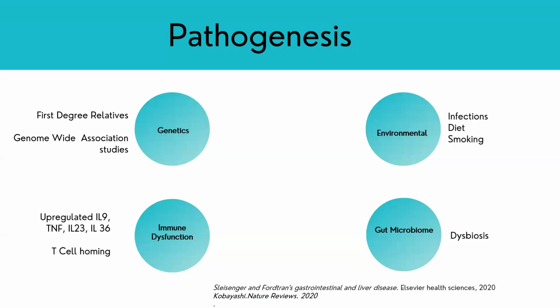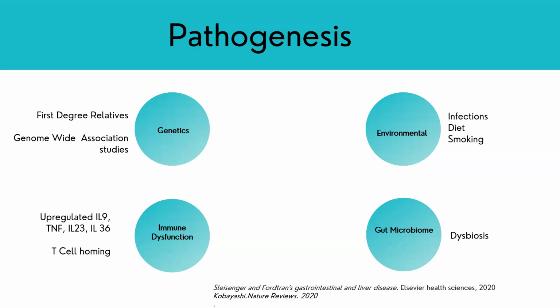As for the pathogenesis of IBD, there are different factors that come into play. The main things that we talk about are genetics, environmental factors, immune dysfunction, and the gut microbiome. It's important to understand some of these concepts because, as we'll see, some of them might be supportive in our case and some of them might actually be in dispute.